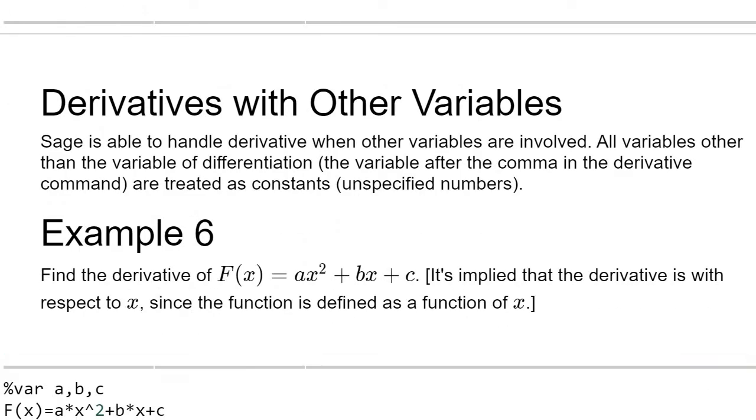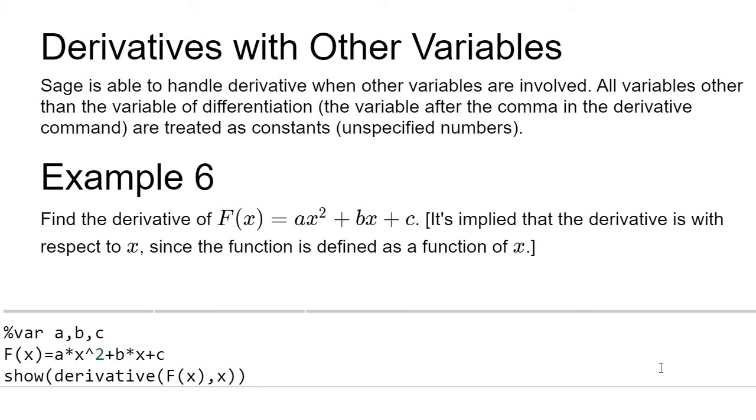Nothing sacred about the variable x, so you can do derivatives with functions where other variables are involved. You might have another variable for the input, so maybe it's f of w instead of f of x.